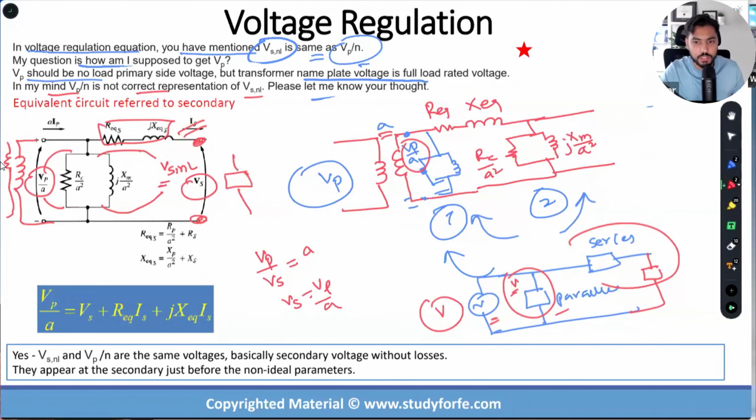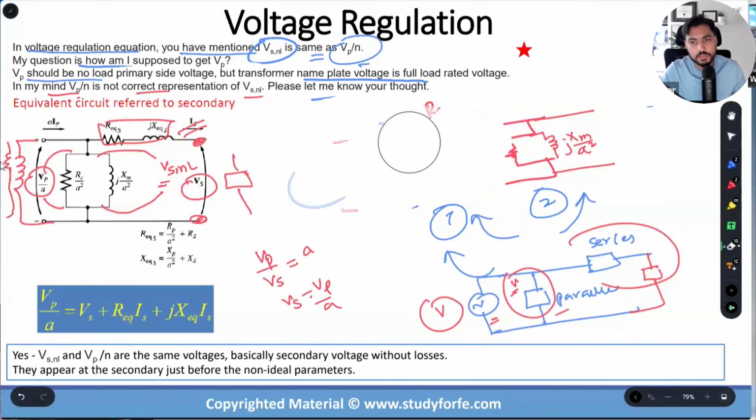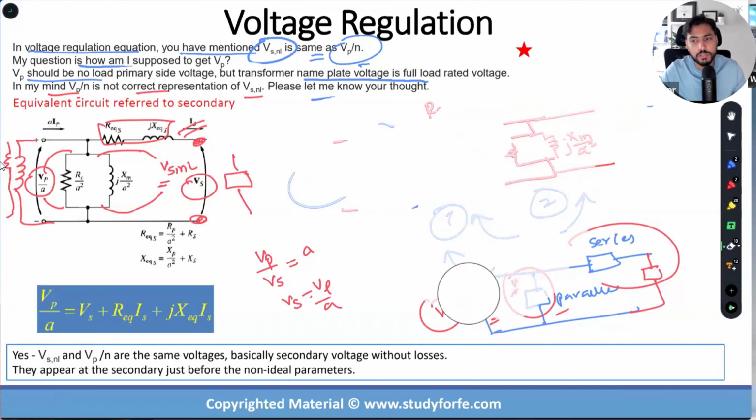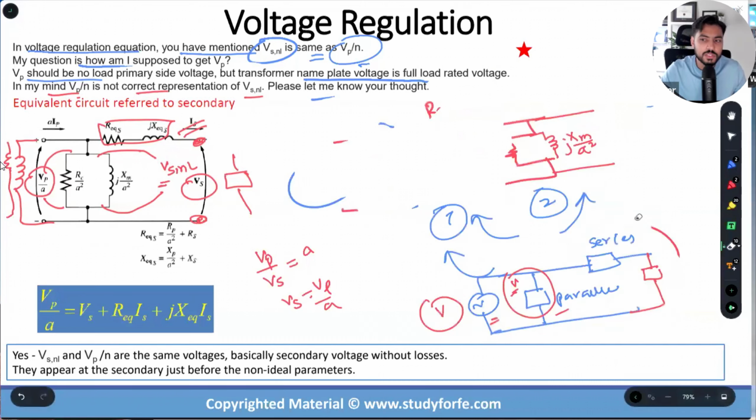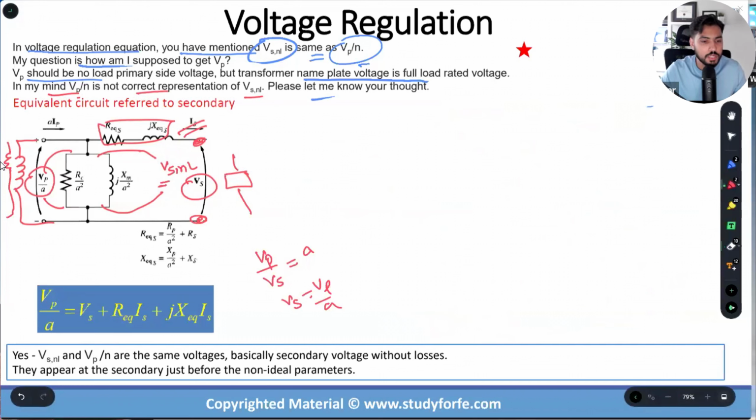If I sketch it on a block diagram, and again, the discussion for voltage regulation has ended over here. I'm just taking a question on question number 8, 8.3J. Let's take it offline. Actually, better yet, can you submit that question on the community? If you can, you're going to get a fast response.